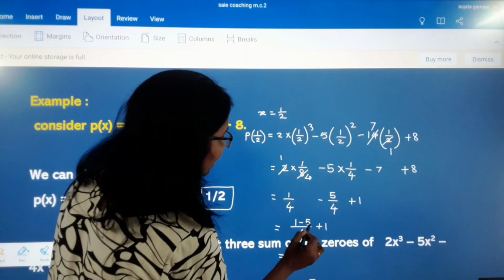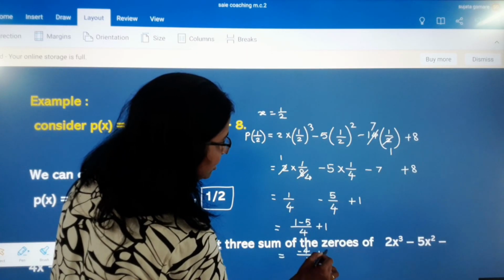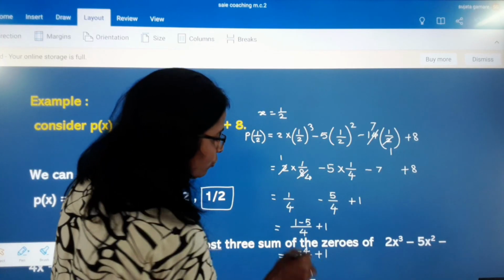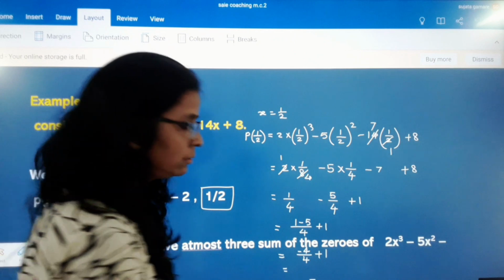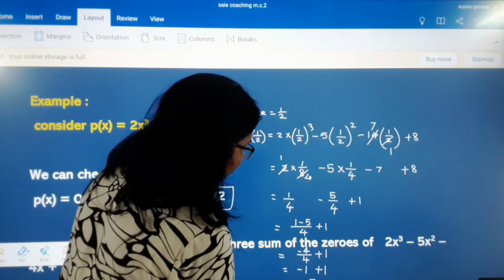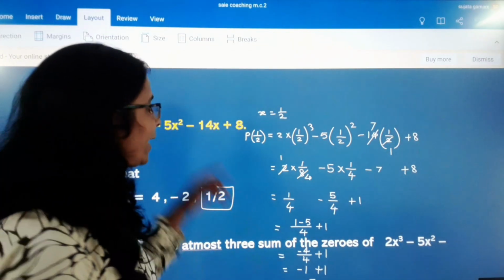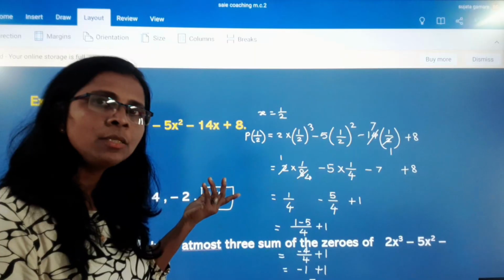Now 1 minus 5 is minus 4 upon 4, which means minus 1. So minus 1 plus 1 is equal to 0. So at 1 upon 2, the value of the polynomial is 0.